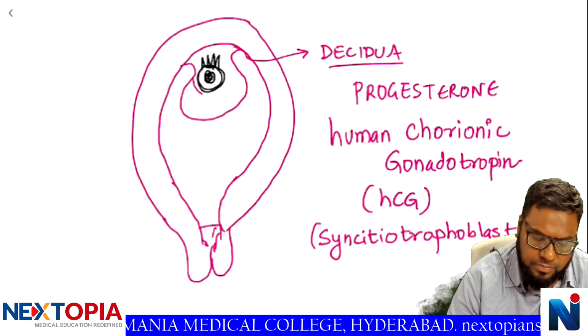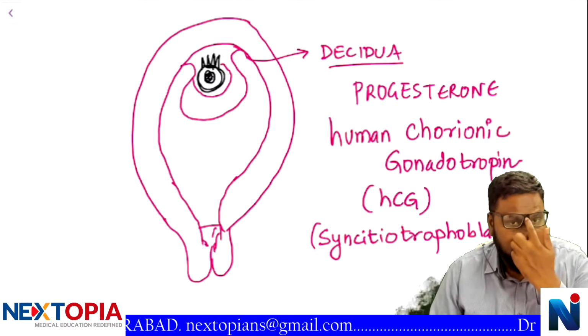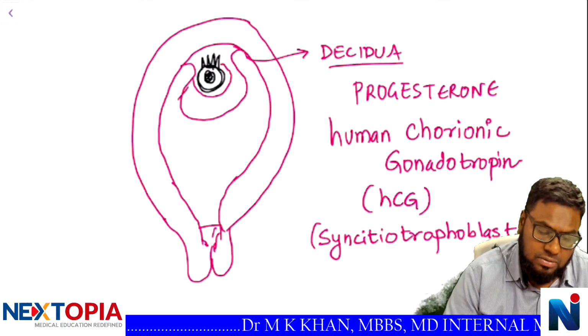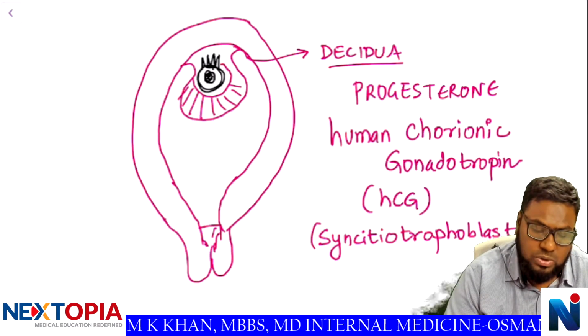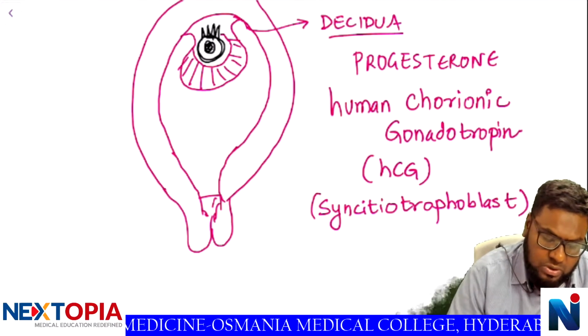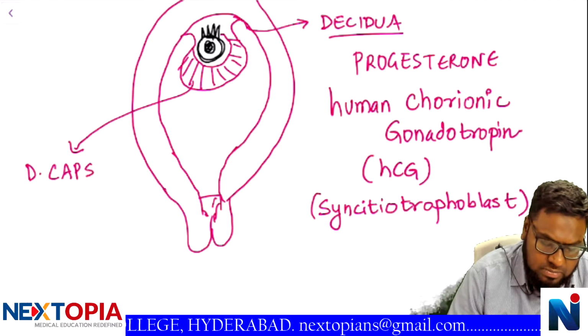The part of the endometrium that surrounds the embryo like a capsule, you call the decidua capsularis.